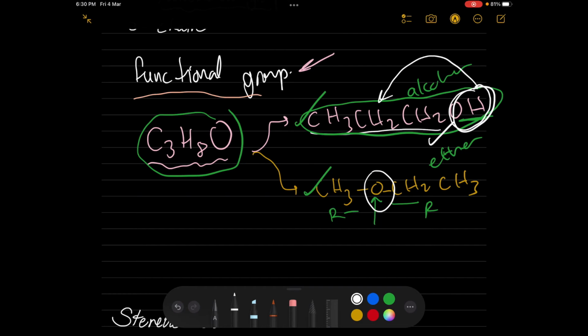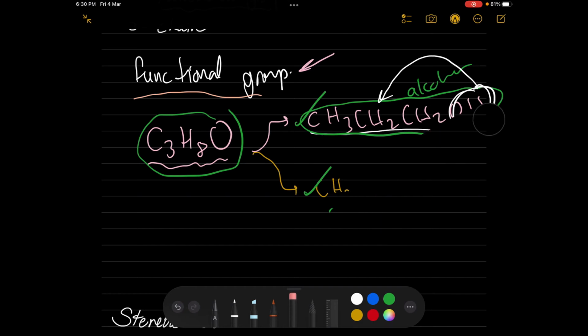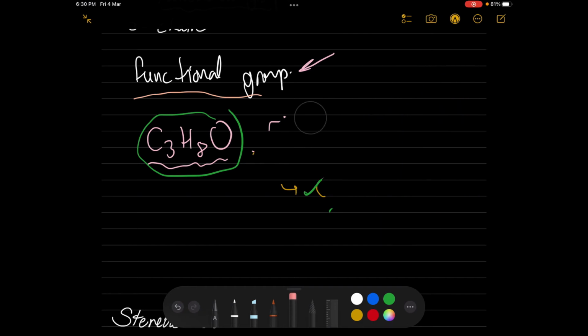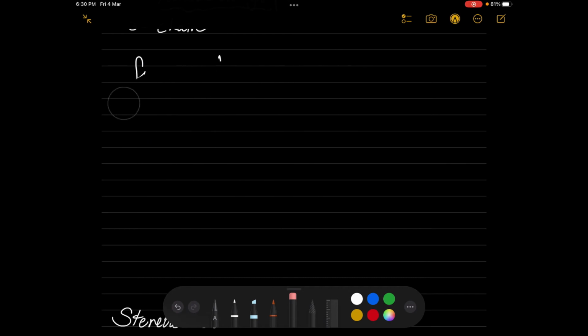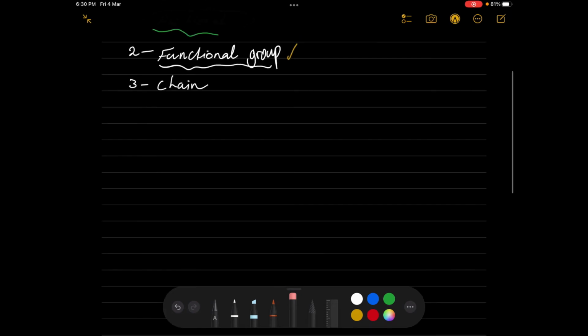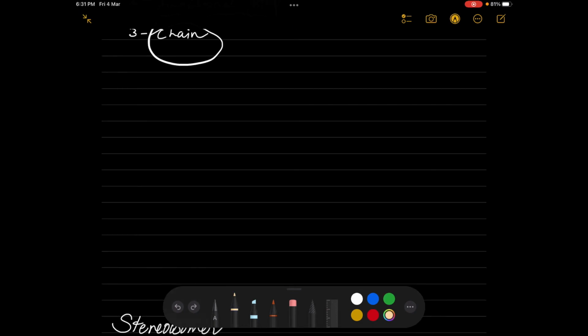Let's go to the last type of structural isomers, and the last type is called chain isomers. Let's take another example like C4H10.